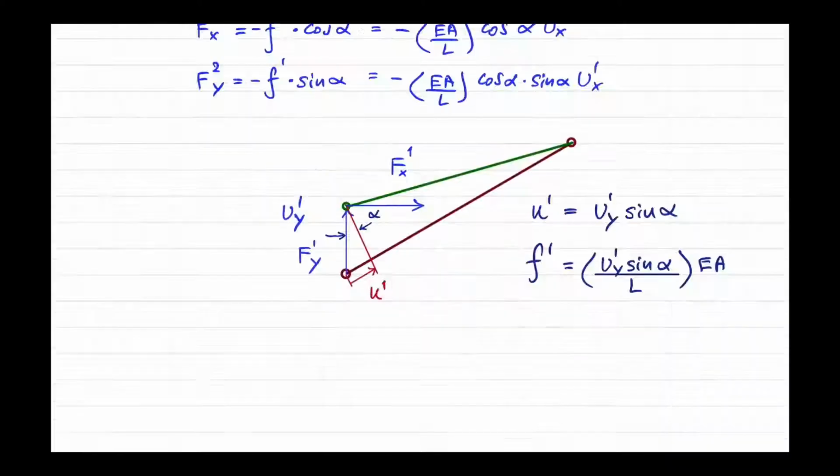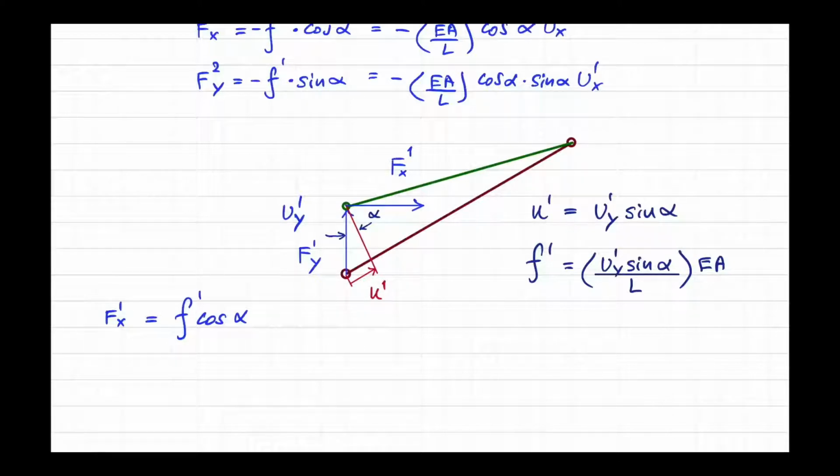So now we calculate F1x, which is equal to the F multiplied by cosine alpha.